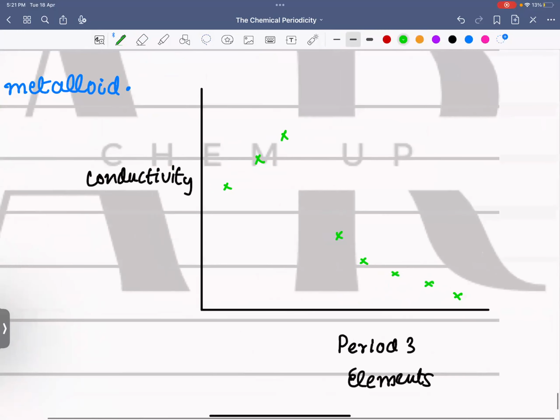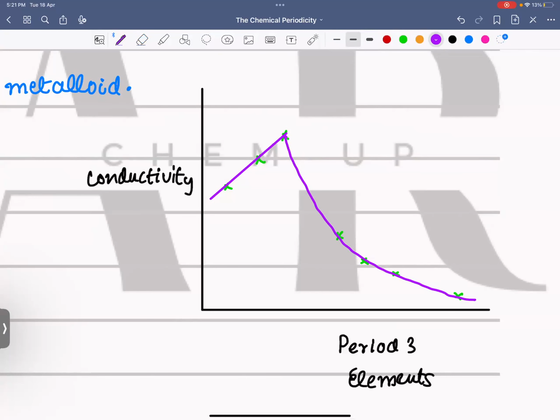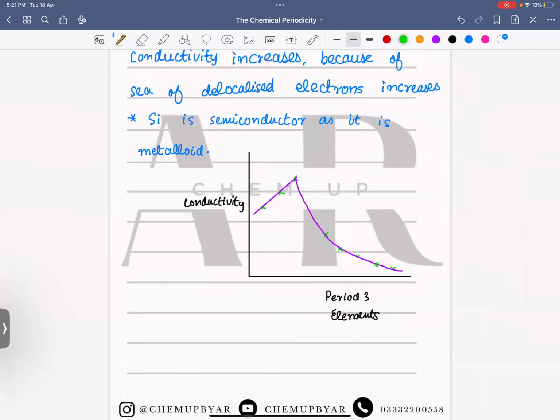So here, if I mark them, it's sodium, magnesium, aluminium.